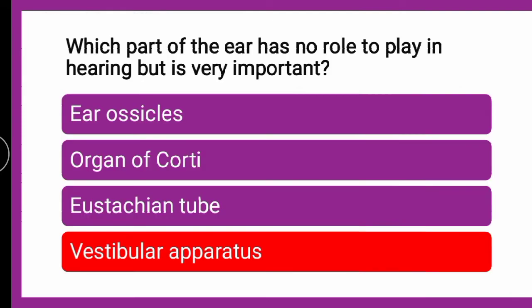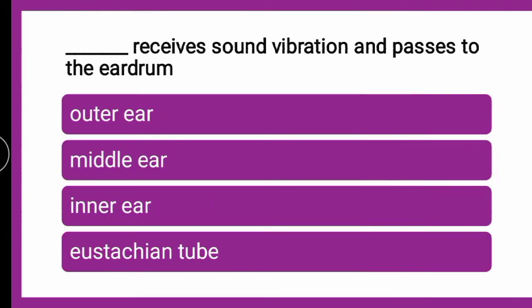Next question is, dash receives sound vibration and passes it to the eardrum. Which amongst the given receives the sound vibration and passes it to the eardrum? To reach the eardrum, which path is first followed? In the anatomy we have seen the outer ear, the middle ear where the eardrum is, and then the inner ear.